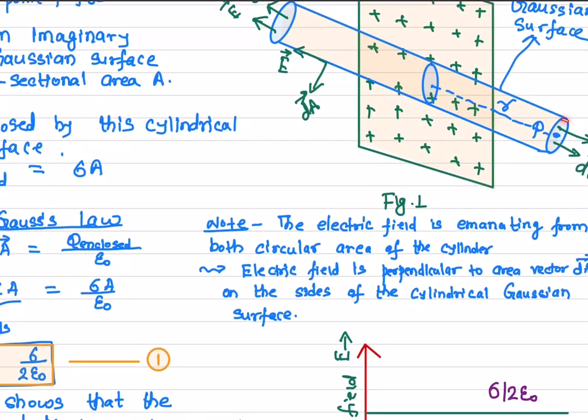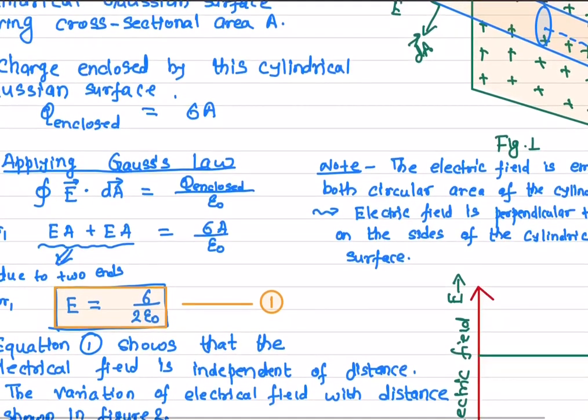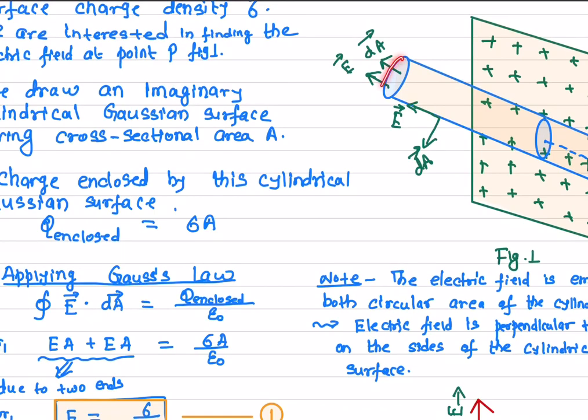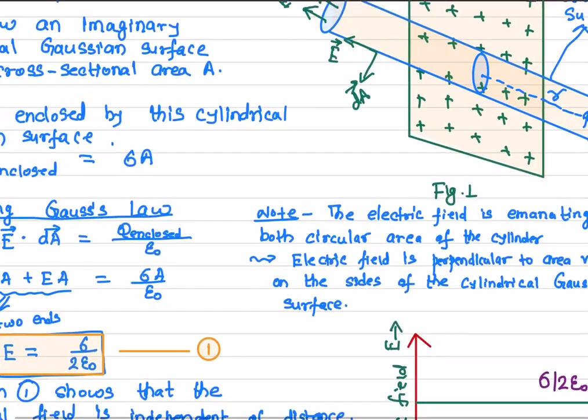So the total flux is the electric field times this area plus the electric field times this area, because the flux is coming out of these two regions. We write that as EA plus EA, where A is the cross-sectional area of this circle.